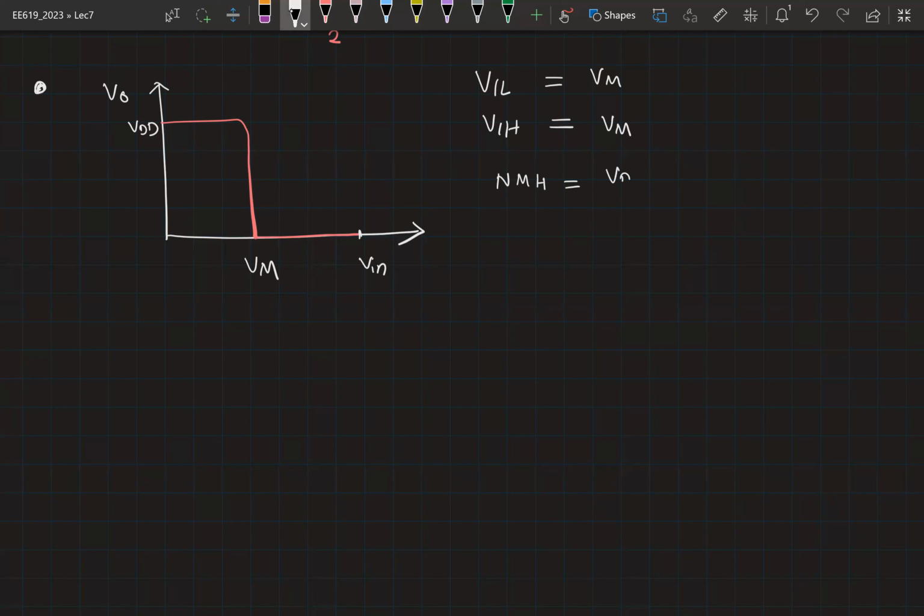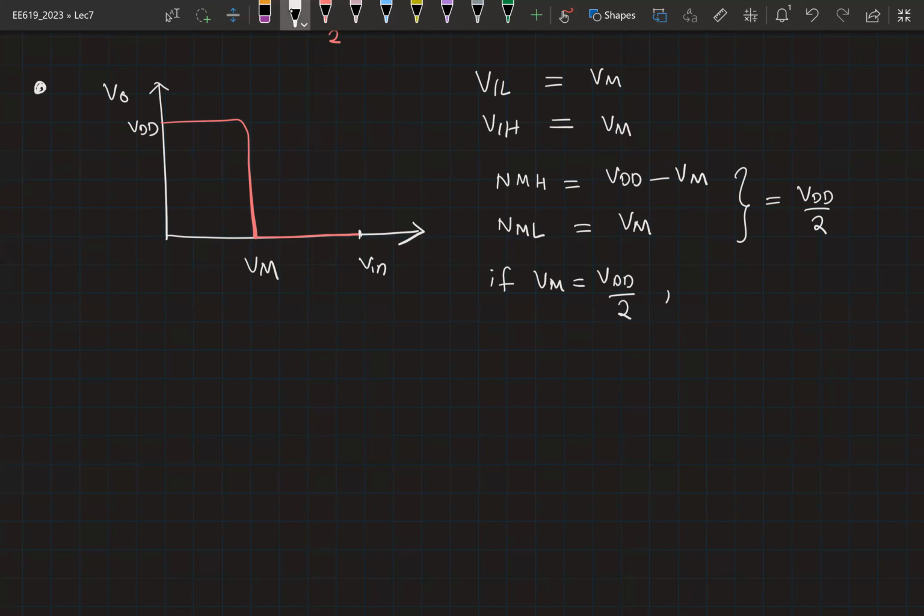This will be equal to VDD minus VM. And noise margin low is equal to VM, right? So if I choose VM to be equal to VDD by 2, then both the noise margins are equal and they are at their maximum value. Both of them are maximized at the same time.